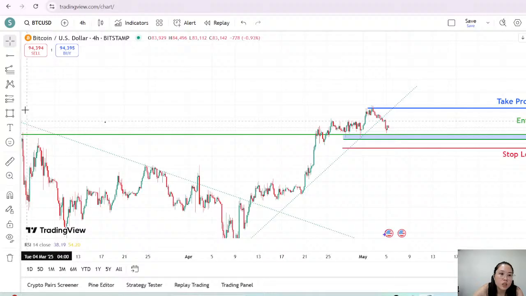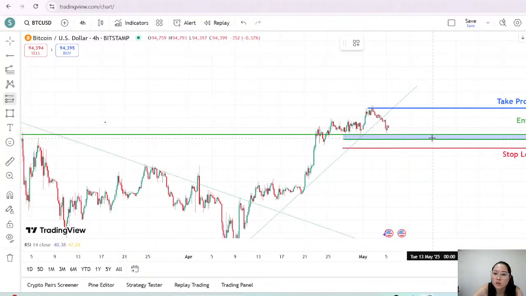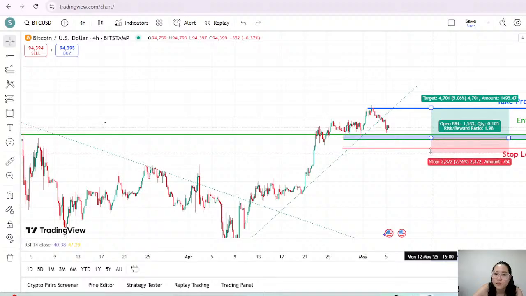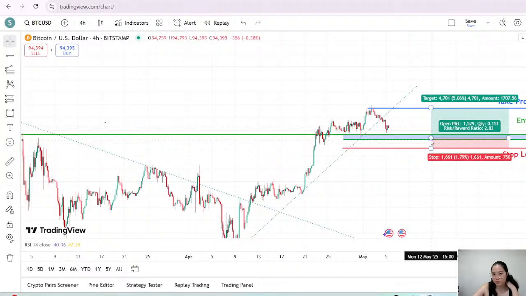So this is entry, stop loss, take profit. Let me see the risk to reward. It's 1 to 3. I think it's a really good risk to reward, to be honest. Let's say you're getting in on the higher end of that zone.